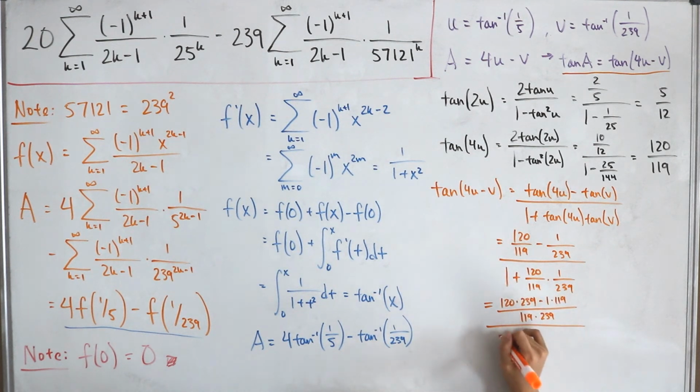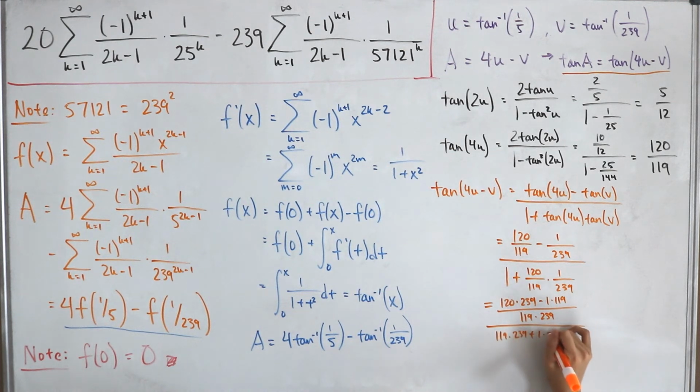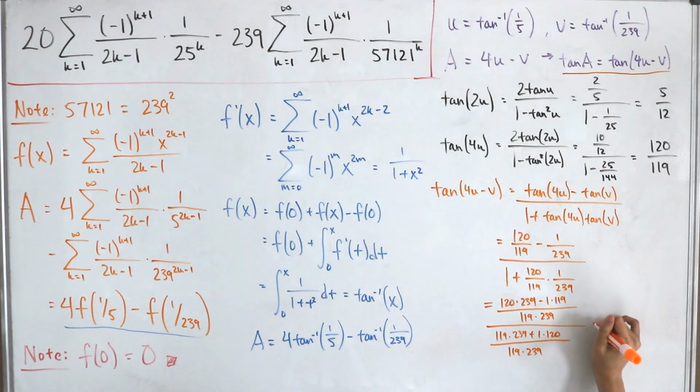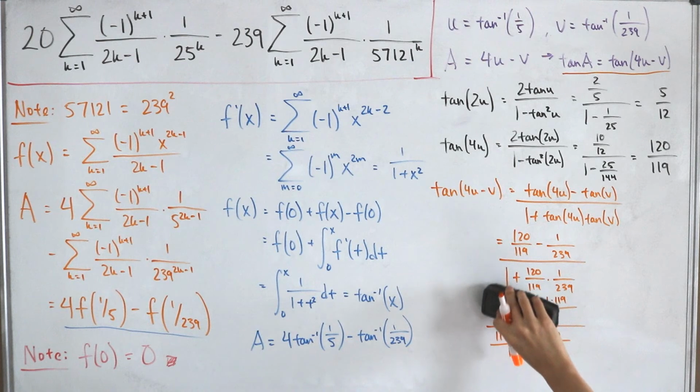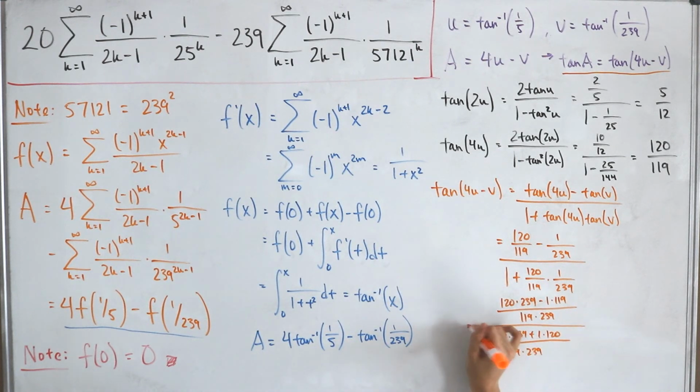So I have 119 times 239, add this with 1 times 120, all divided by 119 times 239. Let me move that equal sign over here.